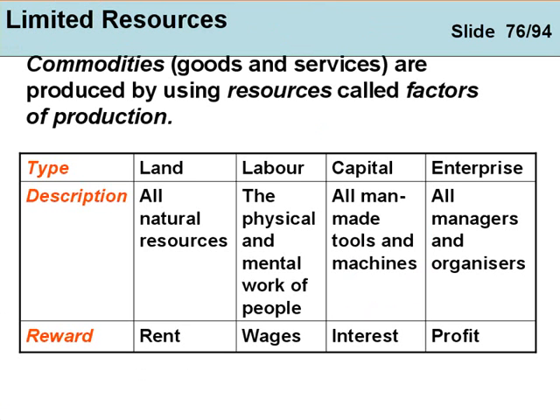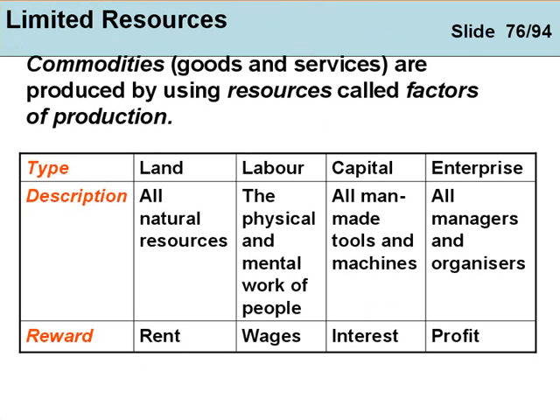All natural resources we classify as land. So forestry, agriculture, fishing, mining, all of that would be land. We just group it all under the heading land. And the reward to this factor of production in the production process is called rent.